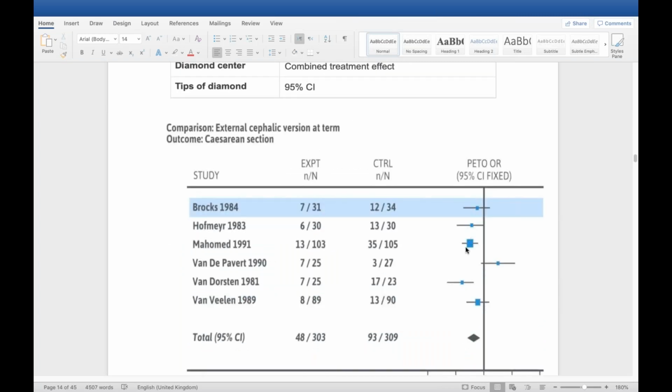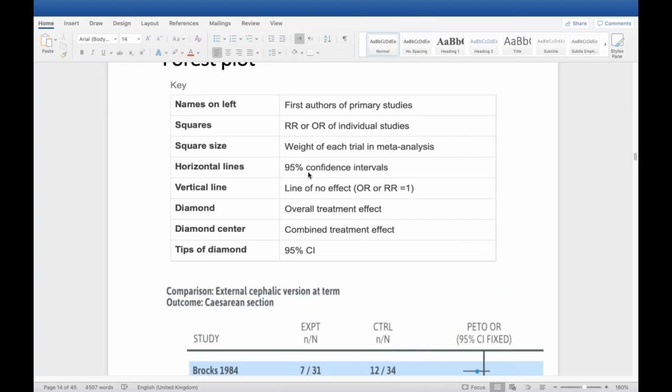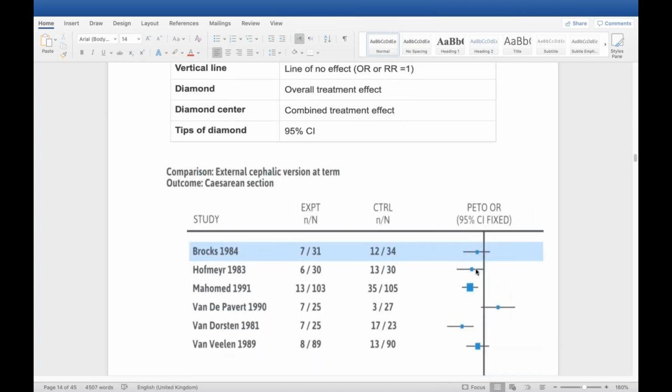So the bigger the square, the stronger the study. And the 95% confidence interval is the horizontal line. That explains how confident I am that this study result is right.